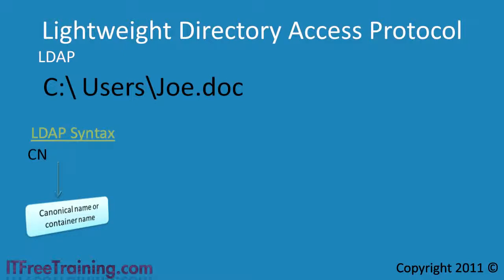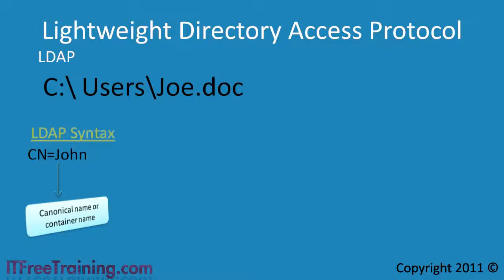In this case, if you wanted to access an object in Active Directory called John, you would use CN equals John. As you can imagine, there could be more than one object in the database called John, so we need to tell LDAP where this object is located. This is where LDAP syntax may confuse some people, because it is in the reverse order to, say, a file name and path on the hard disk.